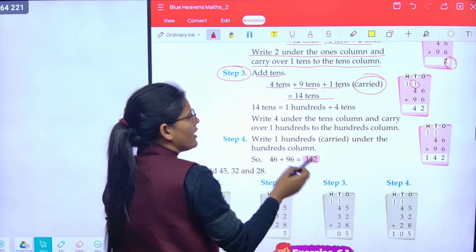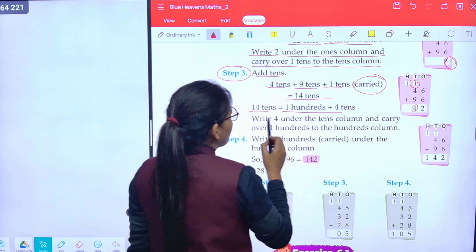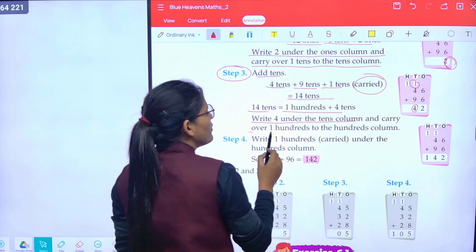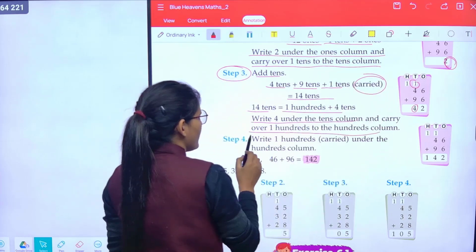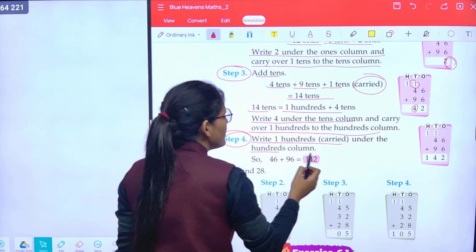Now it is 14 tens, 1 hundreds plus 4 tens. So write 4 under the tens column and carry over 1 hundreds to the hundreds column. Now step 4, write the 1 hundreds carried under the hundreds column here.